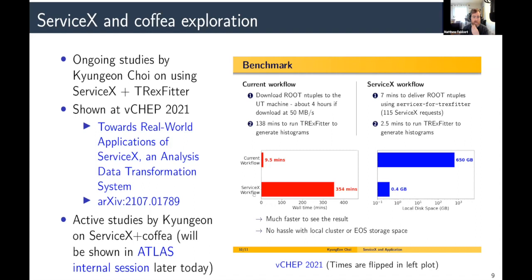So the ServiceX workflow was at 9.5 minutes, while the current workflow that he was using before that was multiple hours. And then we also see that the actual storage disk space that was needed was also significantly smaller, by more than an order of magnitude.